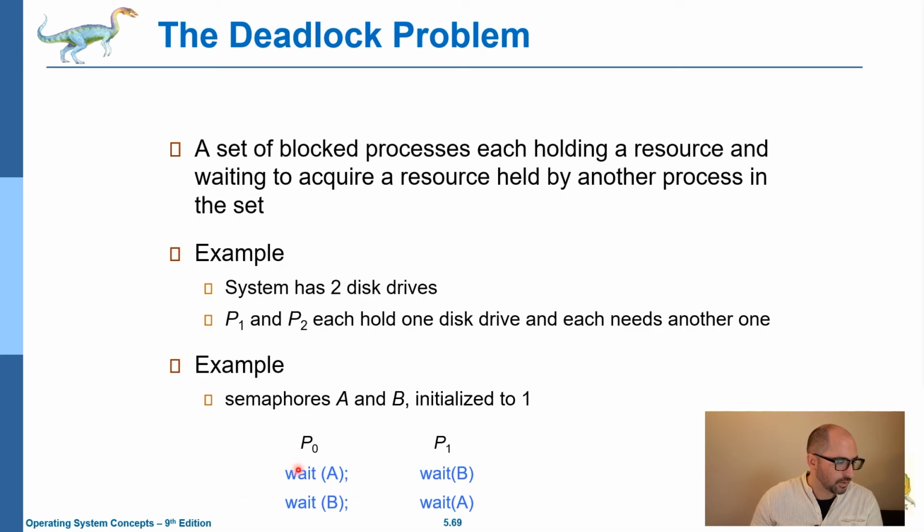We saw this example earlier, where if process 0 acquires A and B, then process 1 can't proceed. But if process 0 acquires A and process 1 acquires B, then process 0 can't proceed and process 1 can't proceed.